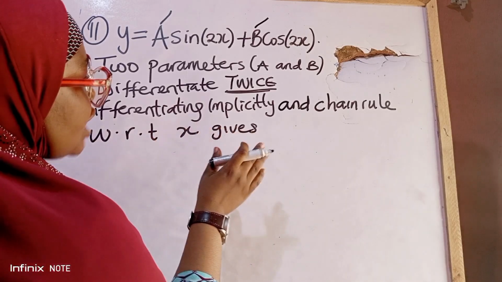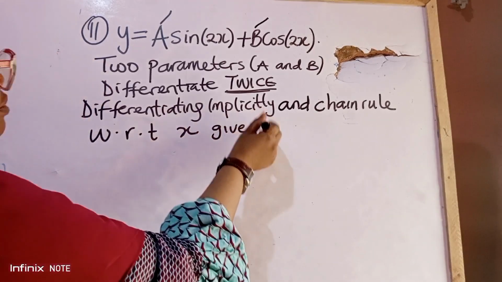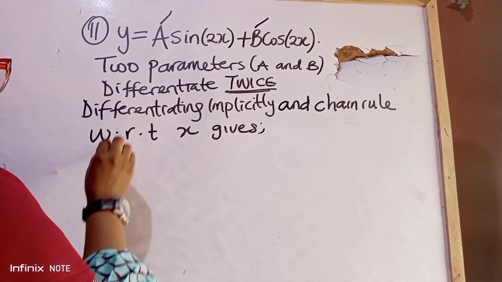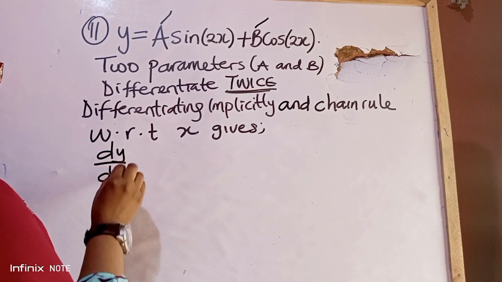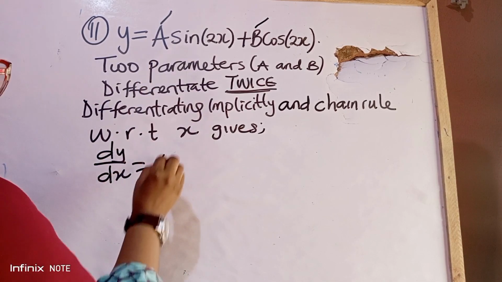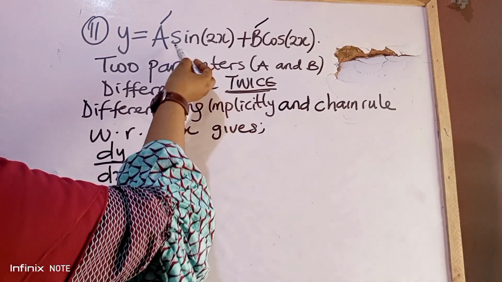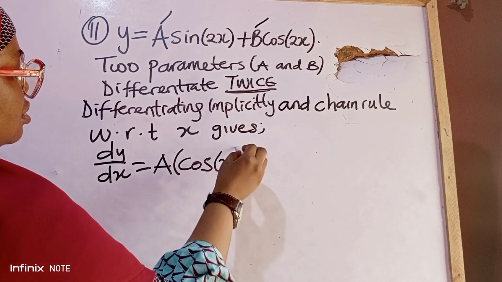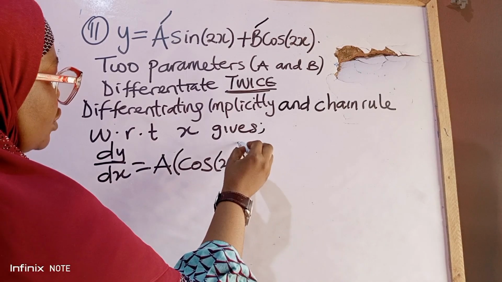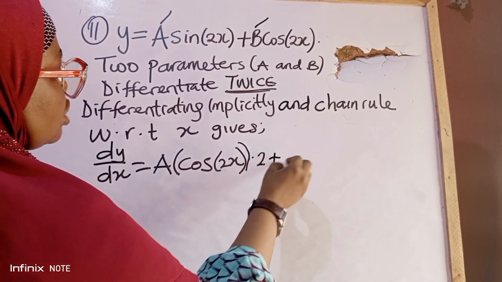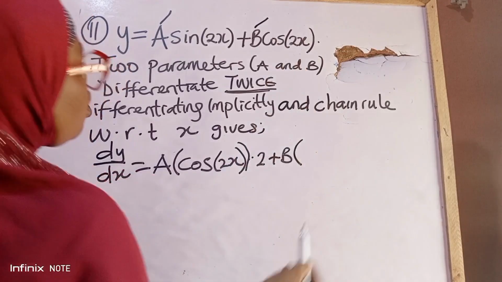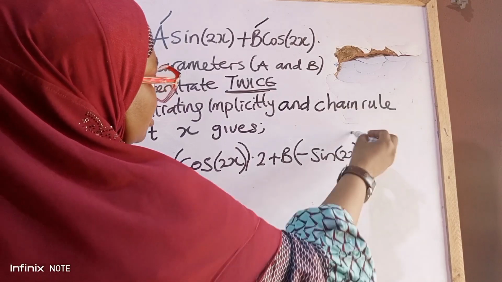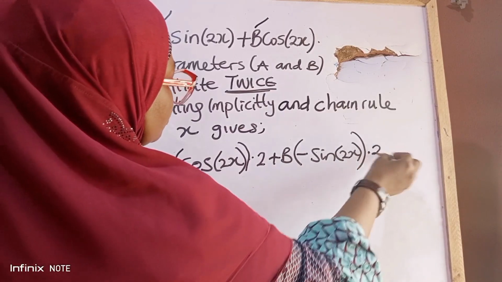Differentiating implicitly and with the chain rule with respect to x gives 1 multiplied by dy/dx, so we have dy/dx equals A, then if you differentiate sine, it gives cos 2x, and differentiating the 2x gives 2, plus B. Differentiate cos gives minus sine 2x, and differentiating the 2x gives 2.